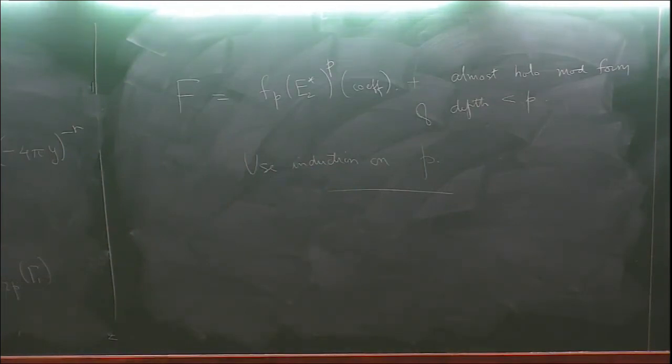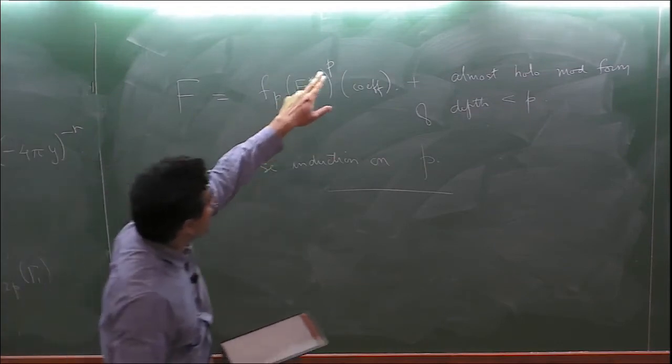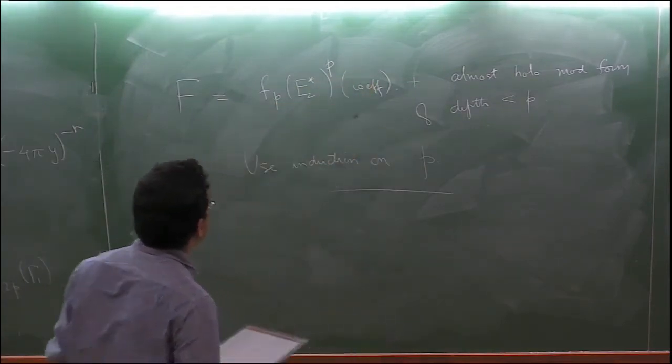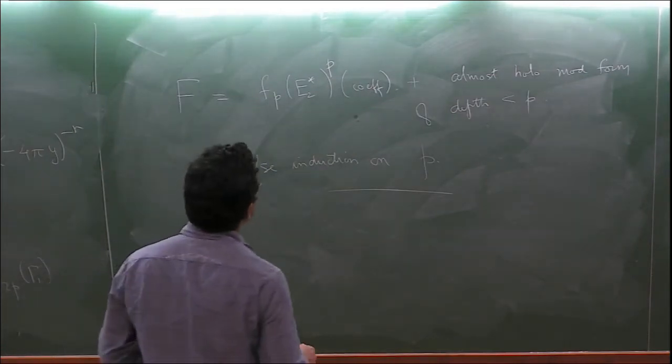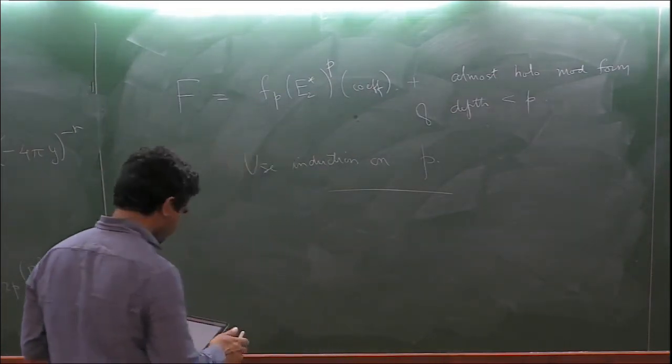Because you have an explicit expression for E2 star in terms of 1 over y, and that coefficient is non-zero, you can write 1 over y to the P in those terms.